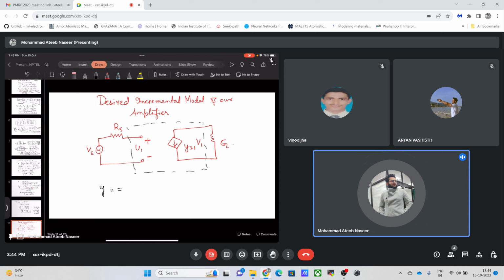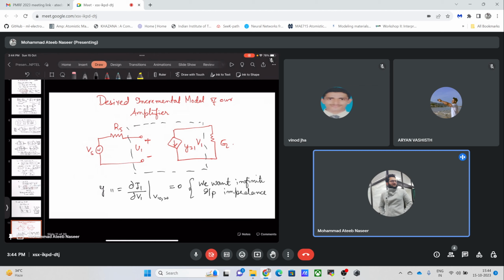Basically what we want is y11, which is di1 with respect to dv1, the change in the input current with respect to the input voltage, at the quiescent condition of v10 and v20, to be equal to 0, because we want infinite input impedance.